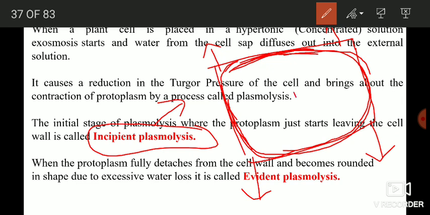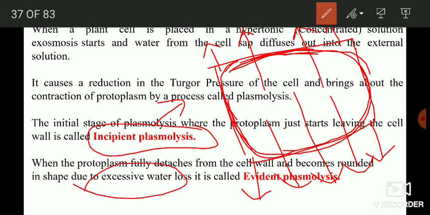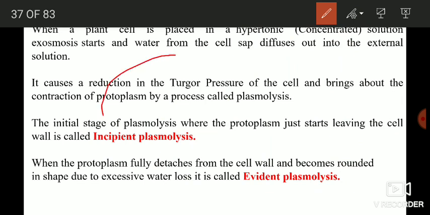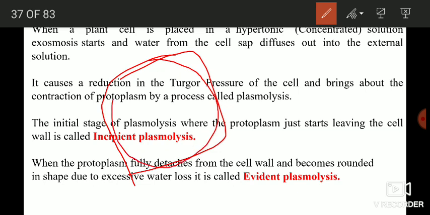With further loss of water, with further exosmosis, the protoplasm detaches from the cell wall and becomes rounded in shape due to excessive loss of water. This stage is known as evident plasmolysis. So after incipient plasmolysis, the protoplasm has separated from the cell wall only at the corners.